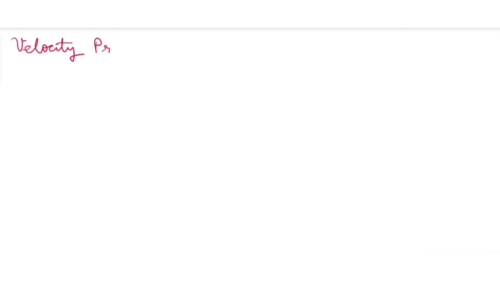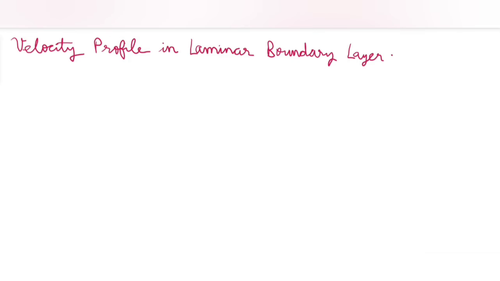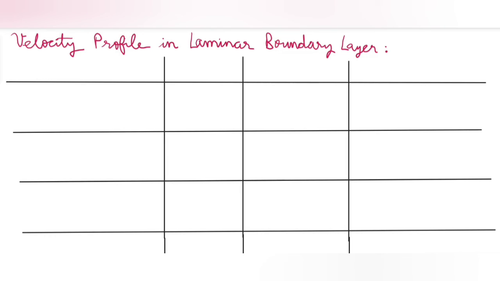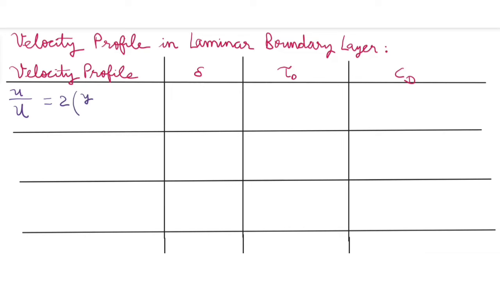Then there are a few more equations that you need to remember. Here I'll be writing them based on the velocity profile. So velocity profile in laminar boundary layer, there are 5 velocity profiles, and for that we have the equations for boundary layer thickness, shear stress and average coefficient of drag.